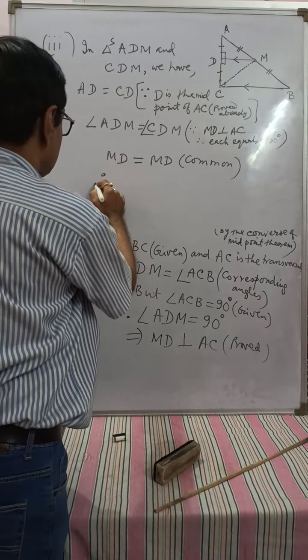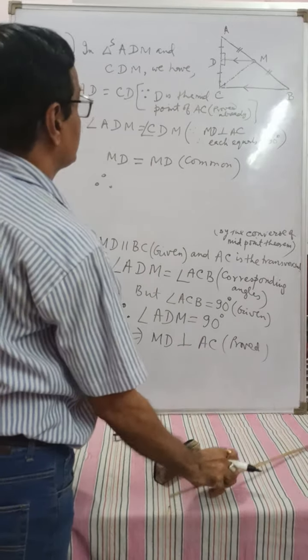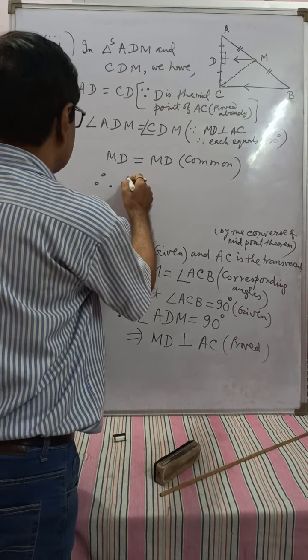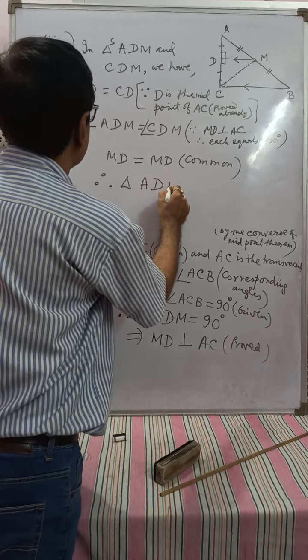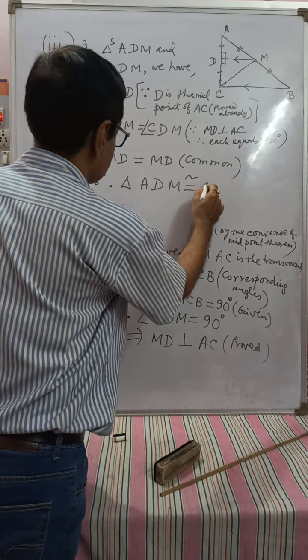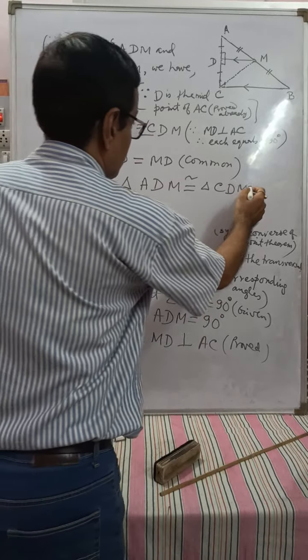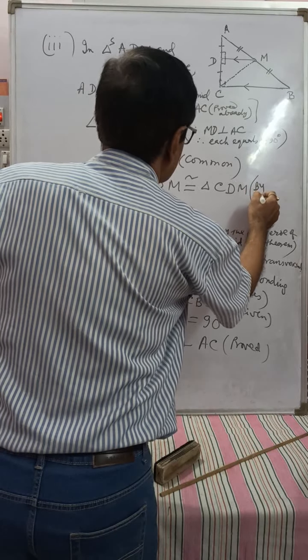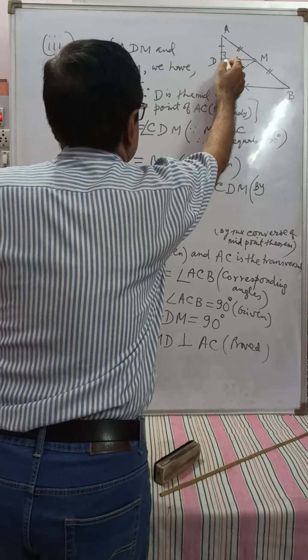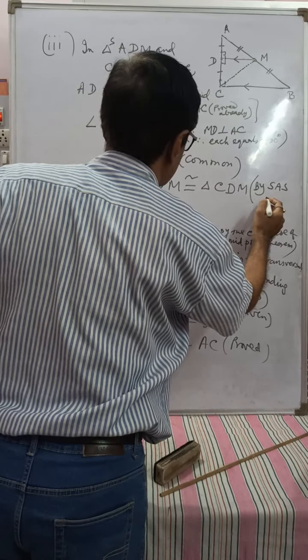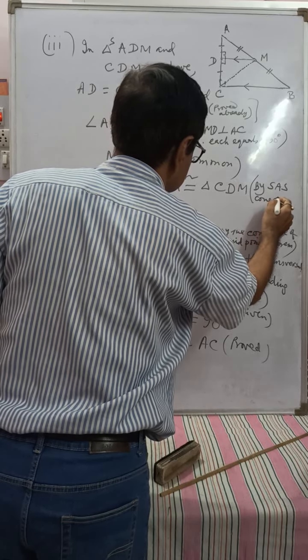So therefore we can say these two triangles, ADM congruent to triangle CDM, by side angle side congruence rule.